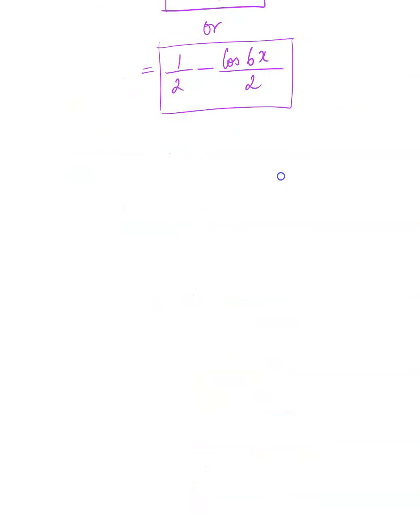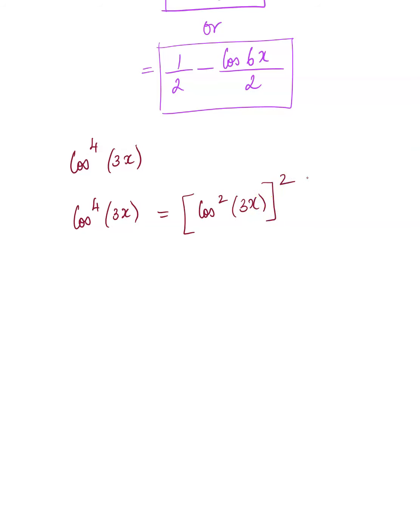What about a similar condition, but this time the question is for cosine power 4 of 3x? How do we simplify this? When the power gets larger, the challenge is stronger. We only have a power reducing formula for the square, not for the power 4. So let's think strategically: I do have a formula for the square, so why don't I square the square?